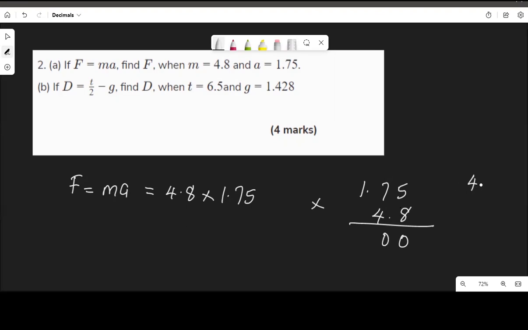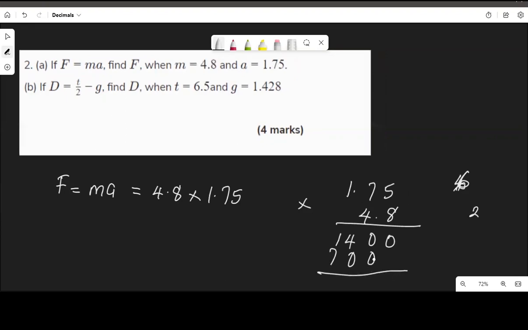Right? 0 carry 6. 8 times 1 is 8 plus 6 is 14. And 4 times 5 is 20. Right? 0 carry 2. 4 times 7 is 28. 28 plus 2 is 30. Right? 0 carry 3. 4 times 1, 4 plus 3 is 7.